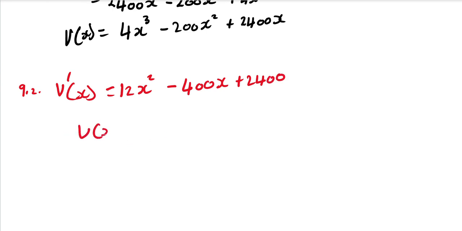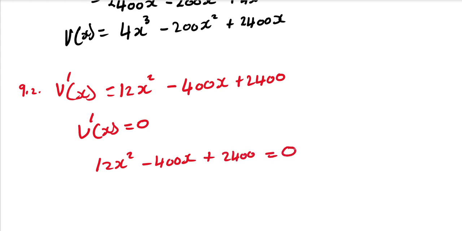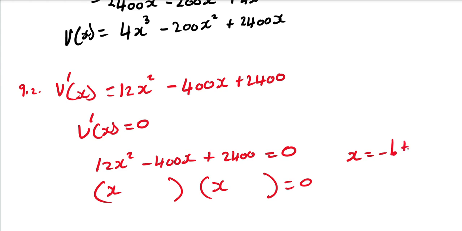Do you get me? So you're gonna let your V of x derivative, you equate it to 0. I'm gonna say we're left with 12x squared minus 400x plus 2,400 equal to 0. Then you find your x here. You will use the quadratic formula, which says minus b plus or minus square root of b squared minus 4ac, all over 2a.